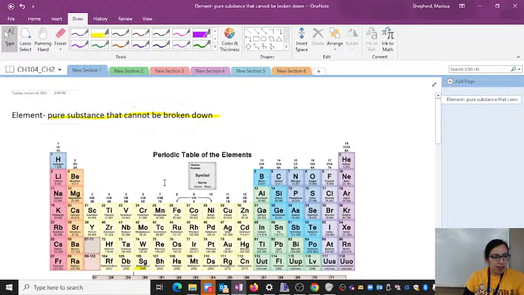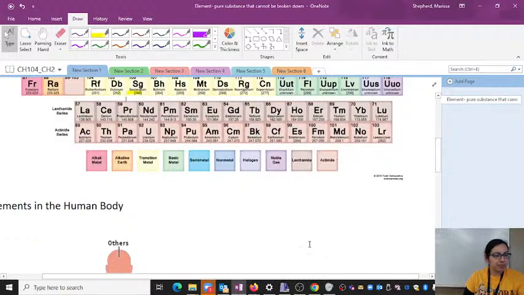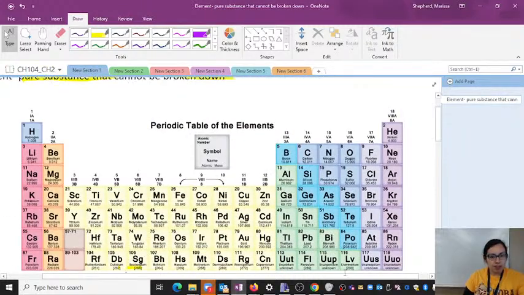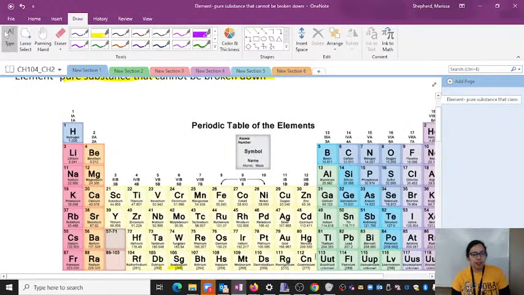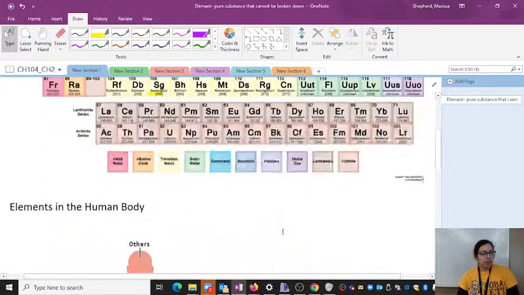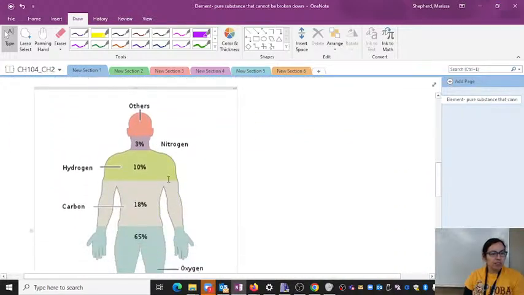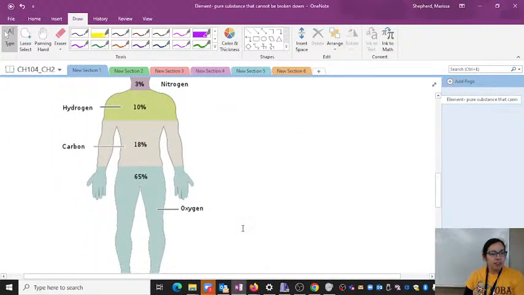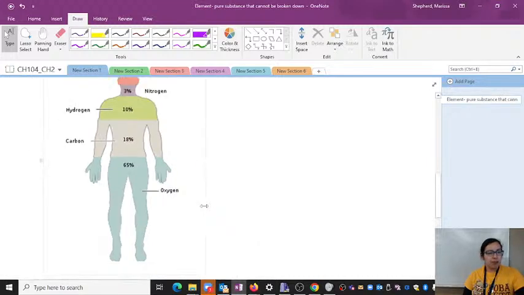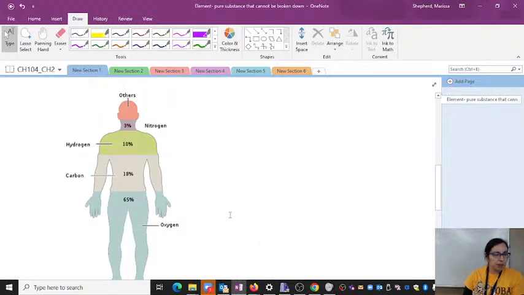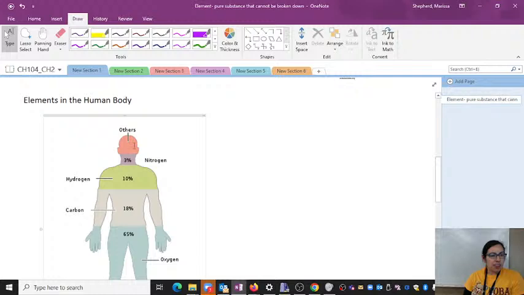And so anyway, we have all these elements. So let's look at common ones. Elements in the human body: we are mainly a bunch of water, and obviously we're carbon-based. So we have a lot of oxygen from the water, some hydrogen, carbon, nitrogen, and others.